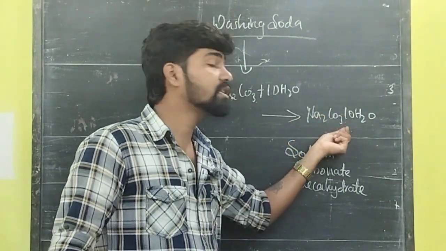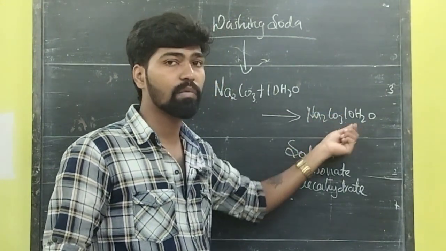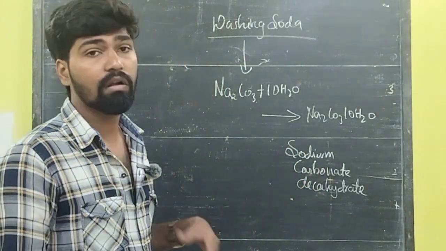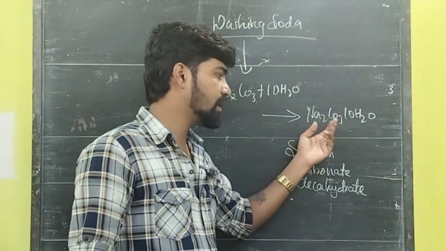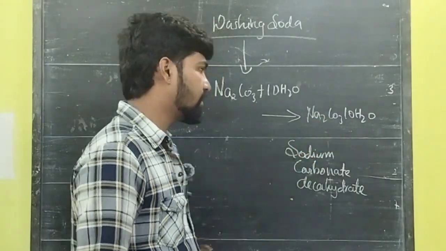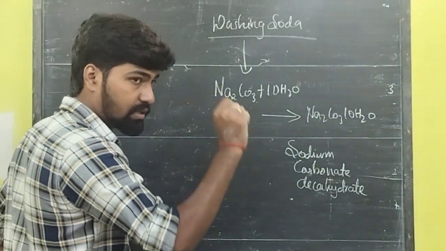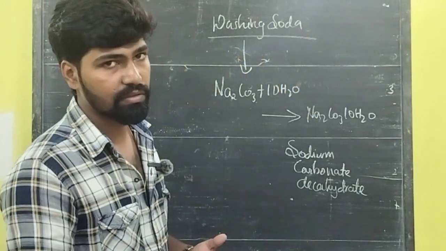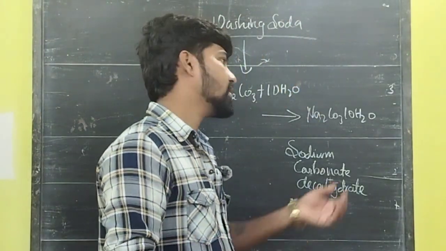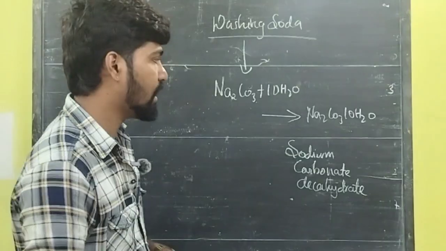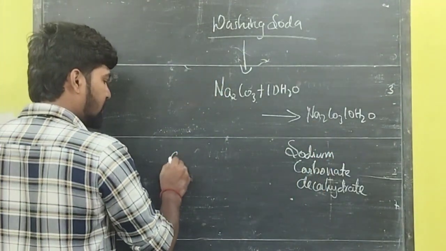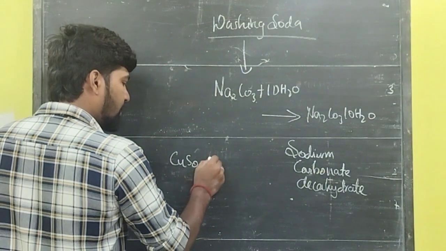Because whatever water is there is in the unit structure of this crystal, and we call it water of crystallization. So this is the reason it is in a dry state. Only when you heat it will this water be released. During recrystallization, this water is present in the unit structure as a dry state. So this is a dry salt.